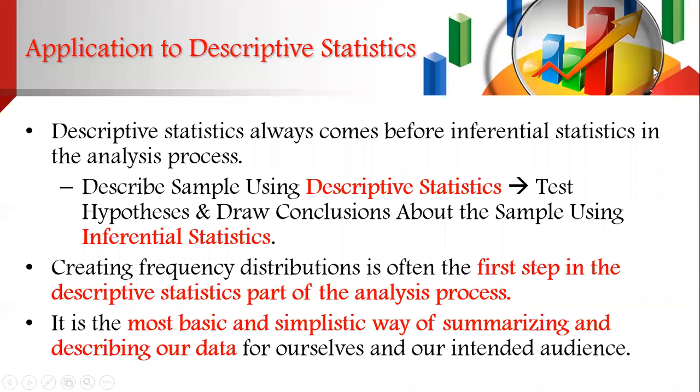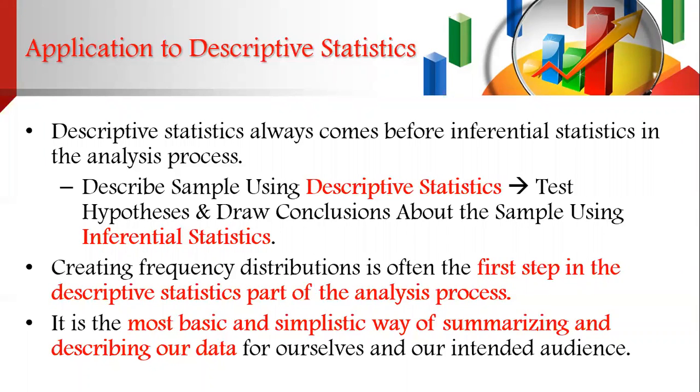So finally, let's talk about the application of all of this to descriptive statistics. What we learned in the last video lecture is that descriptive statistics provides a way of summarizing data. And so the thing to keep in mind about frequency distribution tables is that they create a way of simplifying our data and summarizing our data.